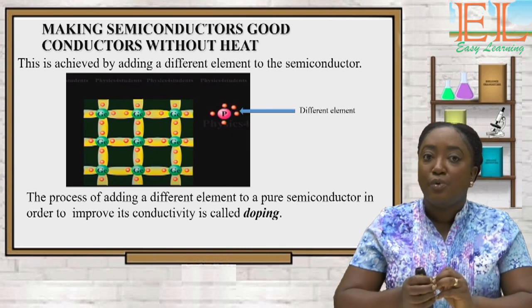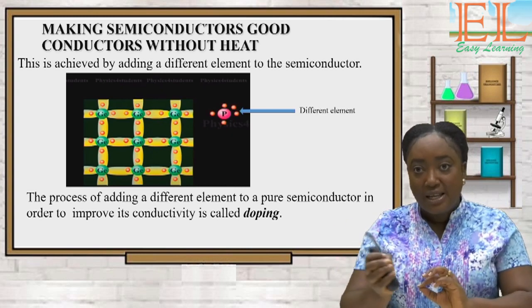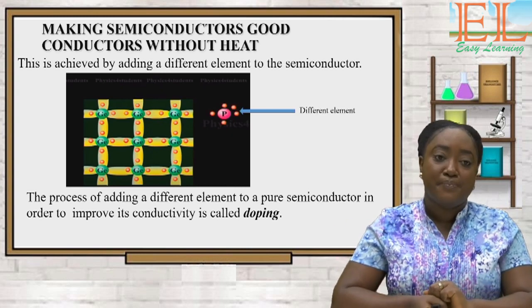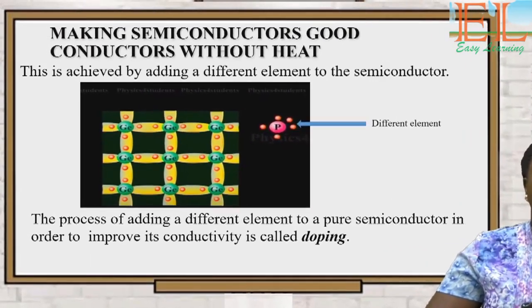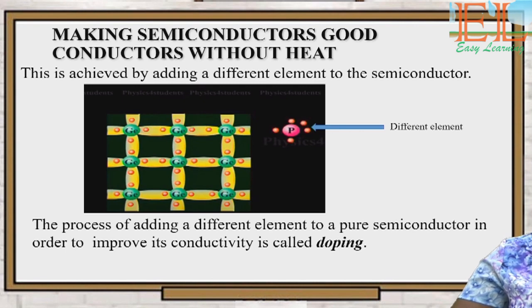This is possible by adding a different element to the semiconductor. So in our picture, we see an example of a germanium crystal. On the picture, we also see a different element, P or phosphorus. The process of adding a different element to a pure semiconductor in order to improve its conductivity is called doping.